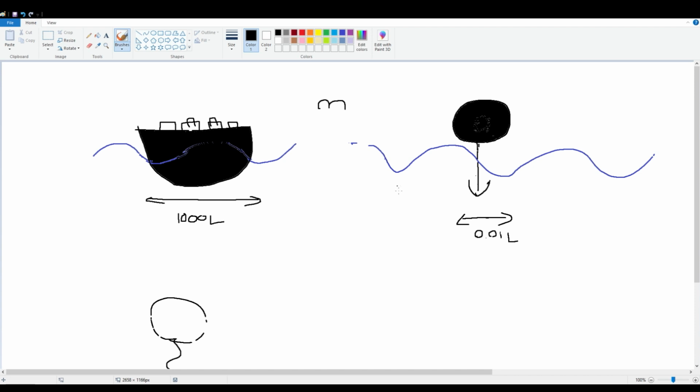Likewise for the pebble, if we were to reduce the mass of the pebble, say divided by 1000, we would then see the pebble begin to float, as long as the weight of the water displaced would be greater than the weight of the pebble.